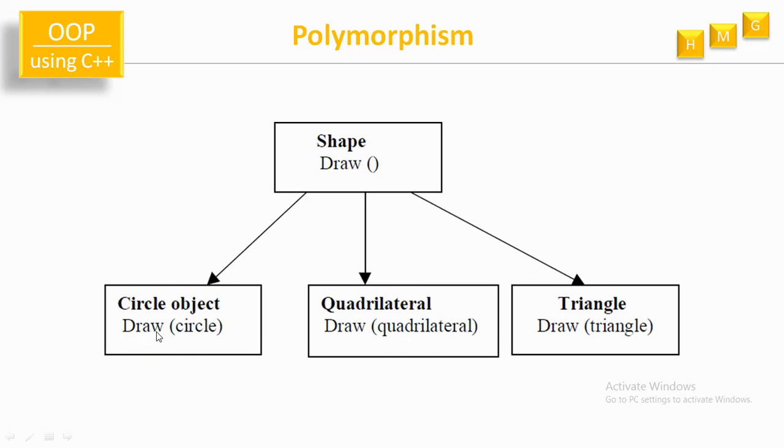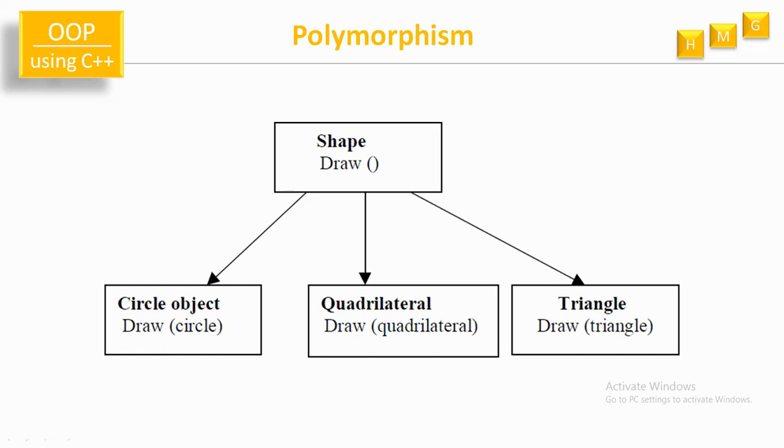So this draw function will draw a circle, while for the object quadrilateral it will draw a quadrilateral shape, while for a triangle object it will draw a triangle. So like this, the draw function is behaving differently at different instances. At one instance it draws a circle, at another instance it draws a quadrilateral, while at the third instance it draws a triangle.